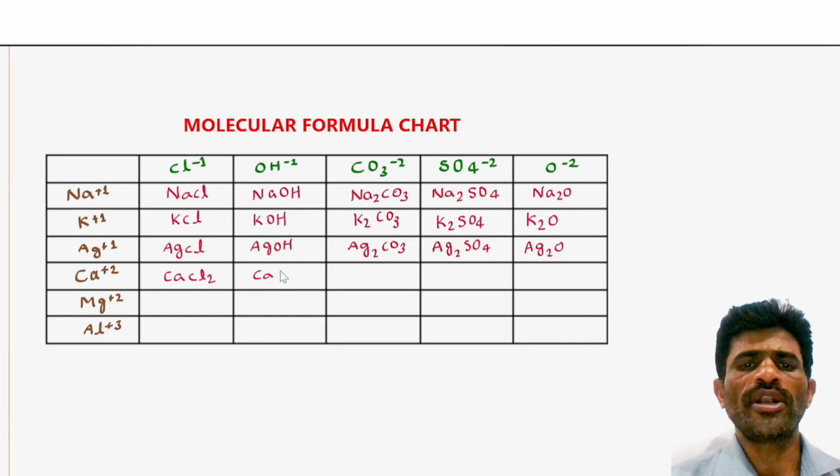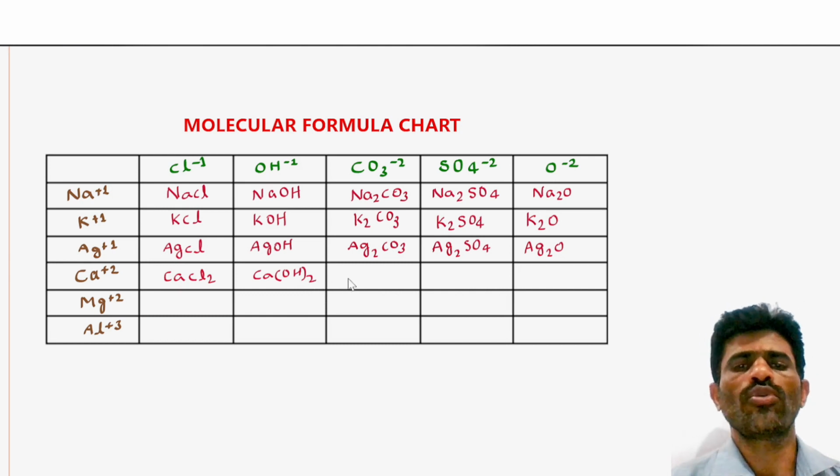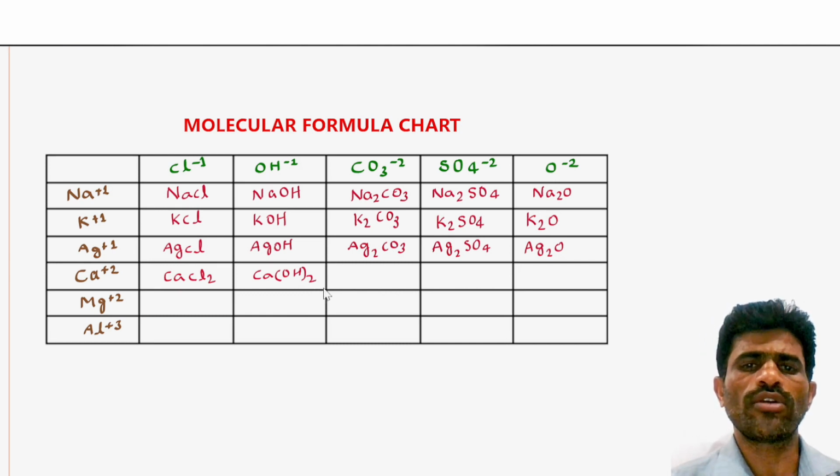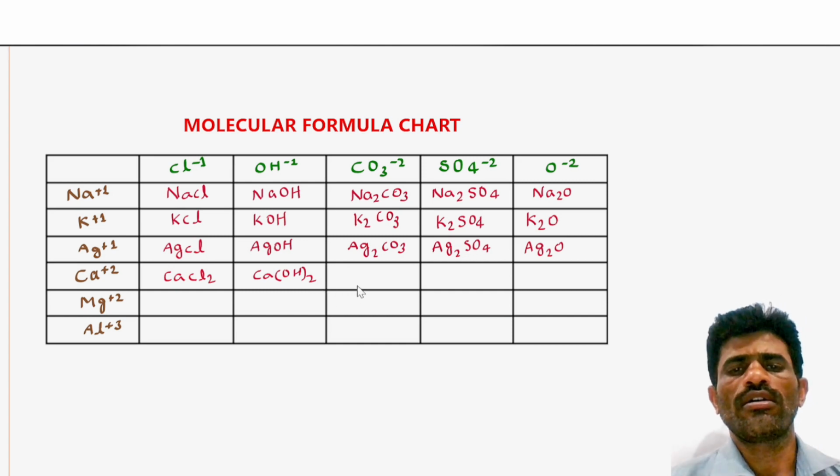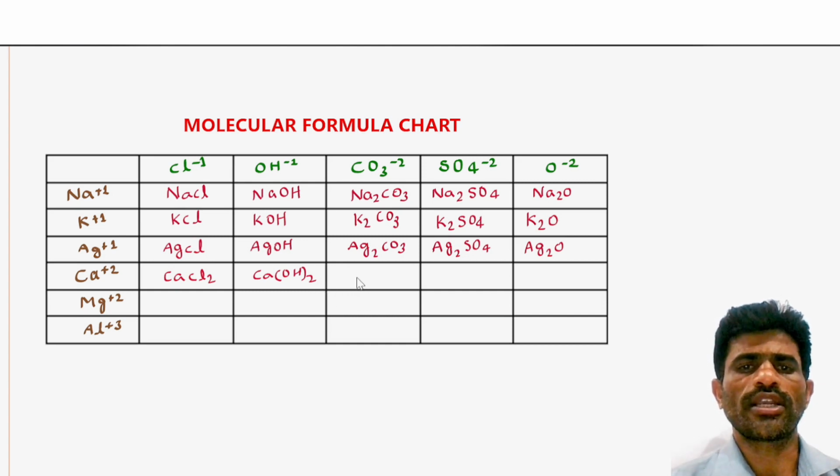But OH should be multiplied by 2, so we have to use bracket here. Ca(OH) taken twice. So whenever 2 or more atoms are there in the compound, we have to use bracket and write taken twice, taken thrice. Ca(OH) taken twice. It is calcium hydroxide.